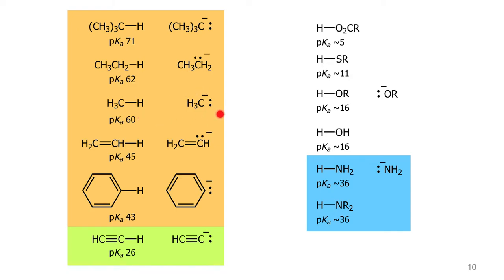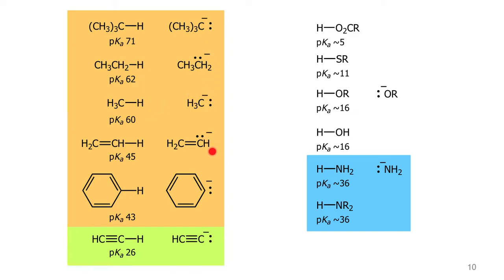Correspondingly, that means that its conjugate base is going to be powerfully basic. If you have a weak acid, its conjugate base is going to be a strong base. So if you have a very weak acid, such as this, then its conjugate base is going to be a very strong base. And so some of the strongest bases known are in fact these, because they are, for all intents and purposes, the conjugates of these corresponding alkanes.